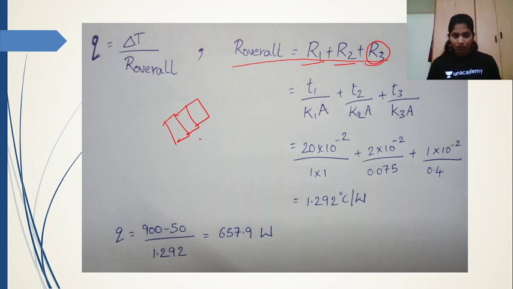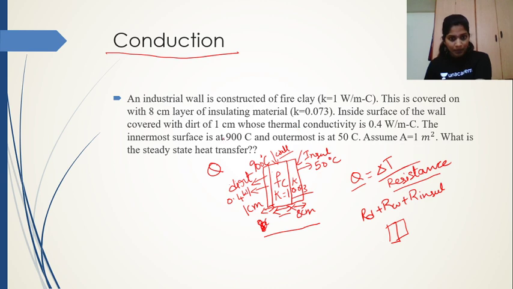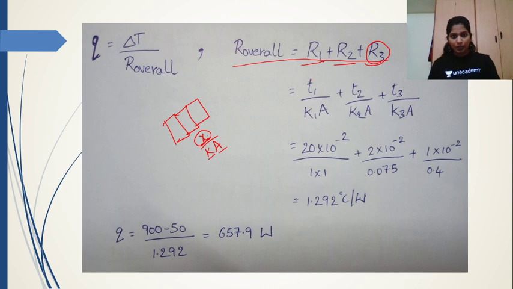Now for a rectangular slab, what is the resistance? It is X by KA, where K is the thermal conductivity, A is the area, and X is the thickness of the insulator. For the dirt layer, from the question, the thickness is 20 centimeters, the thermal conductivity is 1, and they have given that we have to assume the area as 1.